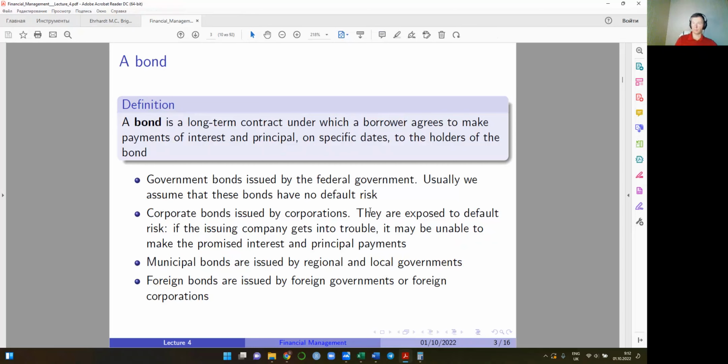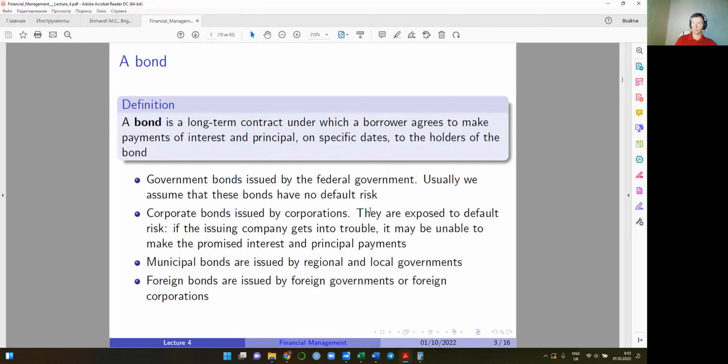So we need to understand the key characteristics of bonds. The first is the principal. Also, you can see that it is called face value or par value. Those are synonyms. Principal, face value, par value are the same.